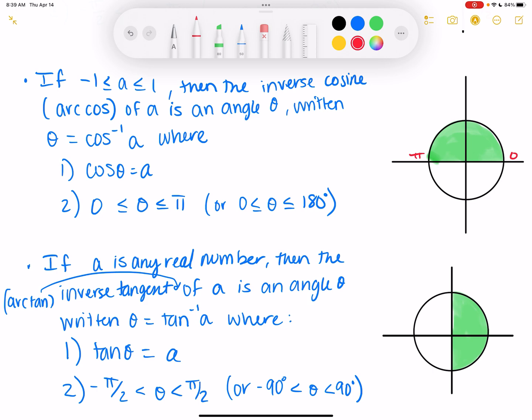So labels, again, we're negative pi over 2 to pi over 2. The reason that we're not including negative pi over 2 and pi over 2 is because tangent is undefined at those values, because y over x, and x would be 0, so it would be undefined.